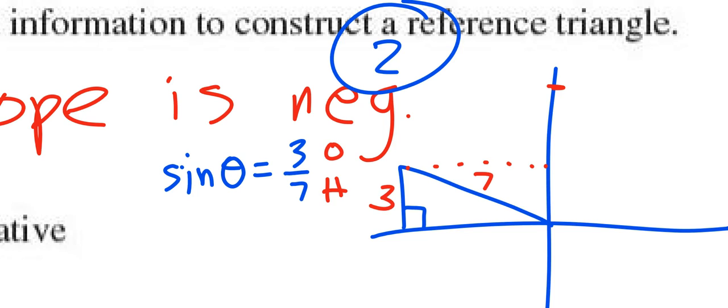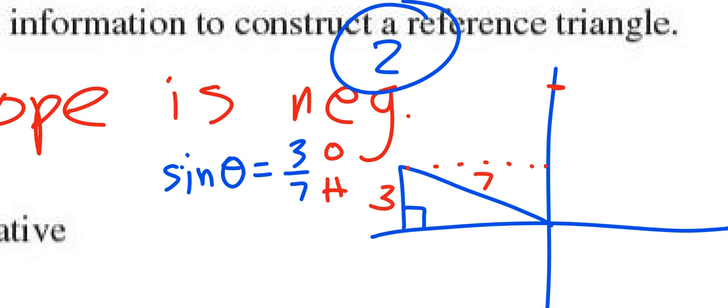Now, I'll come to you in a second, because you might have a second good reason here. Okay? Because this goes up. Do you see why it's important that you know which quadrant you're in? Because it should verify in your mind, yeah, definitely want a positive y value. Right? I'm going up. If this were negative, but this is a positive 3/7. Do you have another reason? I said it's in quadrant 2.